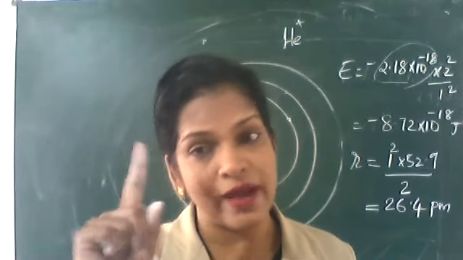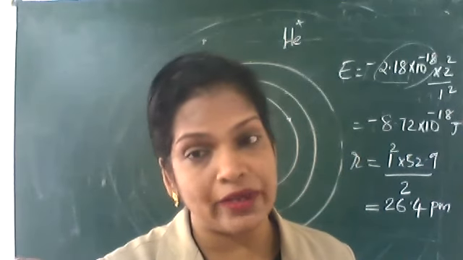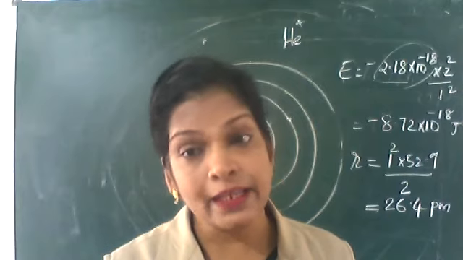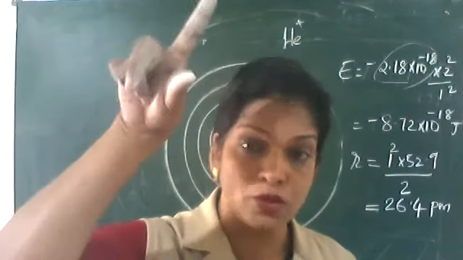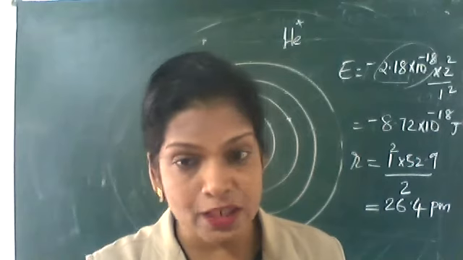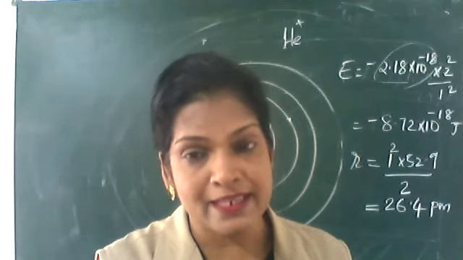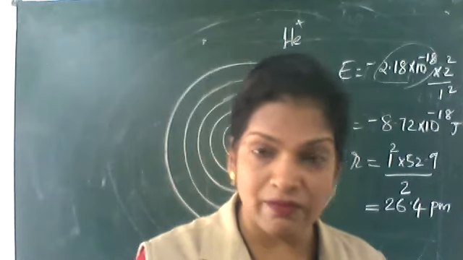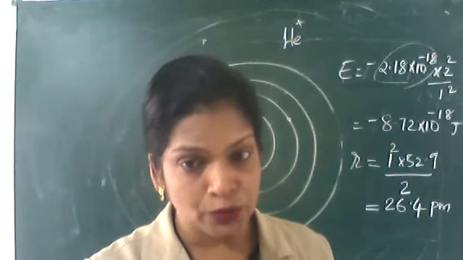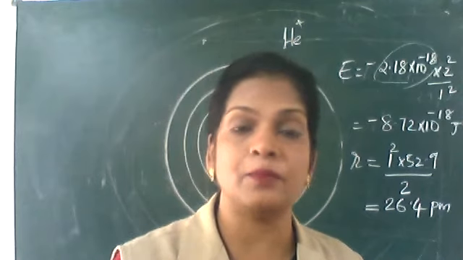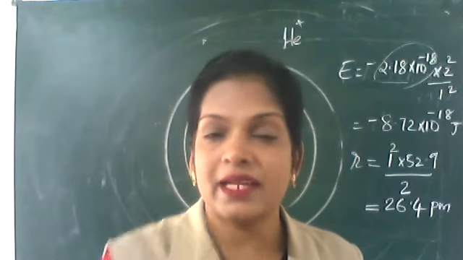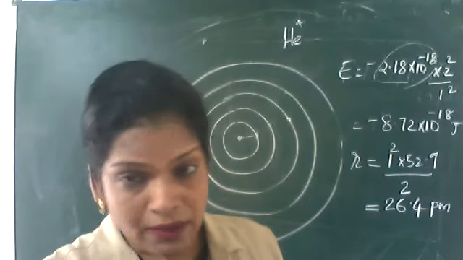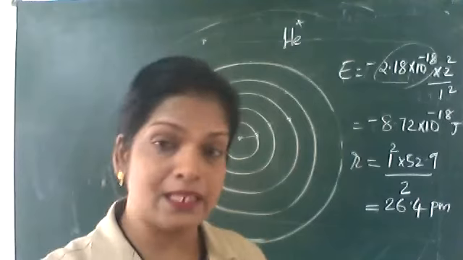There Z is 1, so the value will be minus 2.18 into 10 to the power minus 18. Here it is minus 8 point, there it is minus 2 point. That means minus 8 is a lower value than minus 2. So energy of this helium plus electron is lower than that of hydrogen's electron. See, minus 8 here, there it is minus 2.